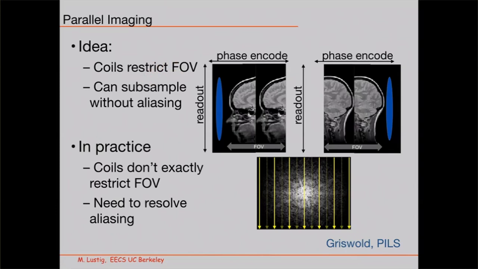Let's say you have an image of a brain, and a full brain is something like this. This is the full field of view.